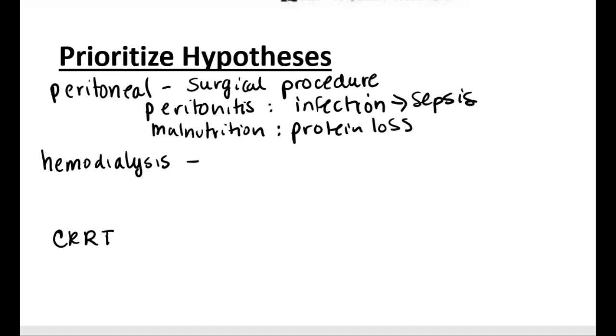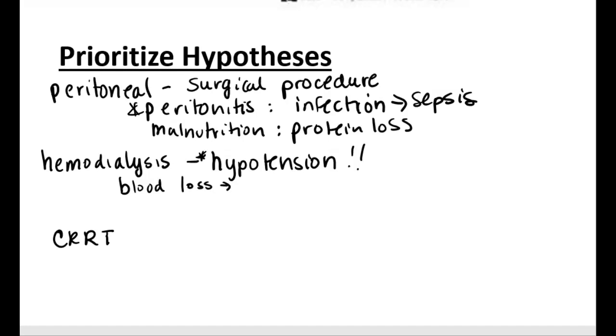Hemodialysis, some of the biggest concerns that we would have occur during dialysis, so hypotension, blood loss. Hypotension would be a big priority, so we can star that, like star peritonitis. So hypotension, blood loss, which may or may not be related to the hypotension. Mostly the hypotension, though, is caused by shifts in the fluid and just moving the blood too fast out of the person's body and through the machine.